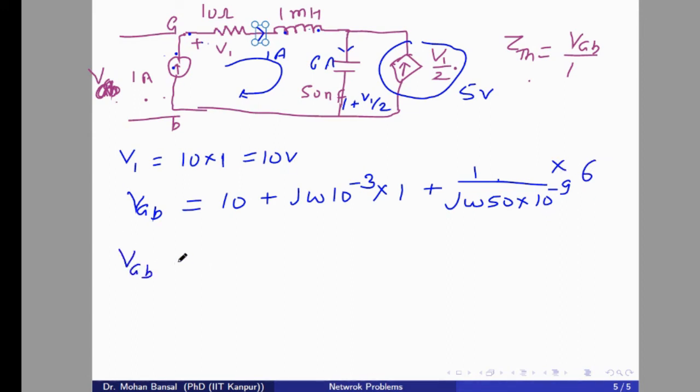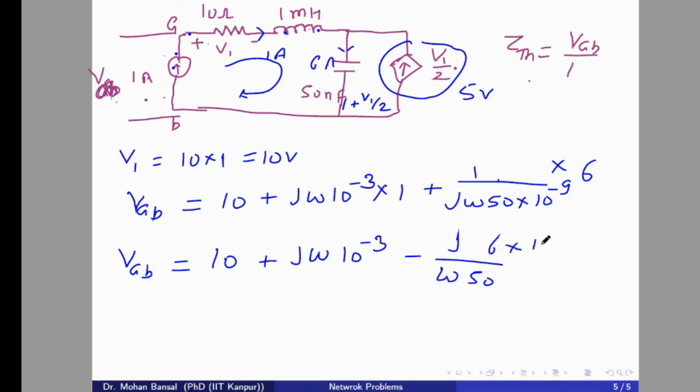So VAB is here 10 plus j omega 10 to the power minus 3 plus, or we can write it as minus j divided by omega 50 into 6 into 10 to the power 9.